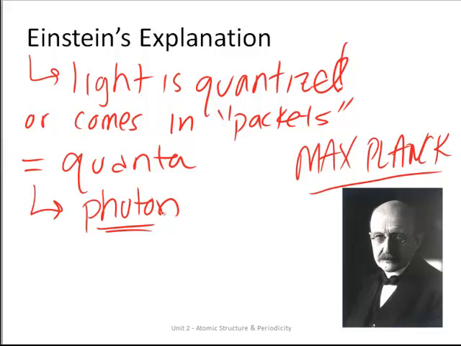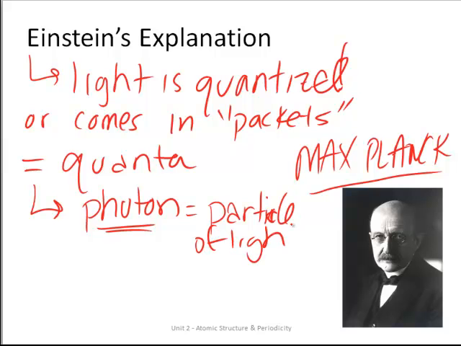Okay, and a photon actually describes light as a particle. Not only does light act as a wave, as we previously discussed, it also has particle-like properties. A particle of light.